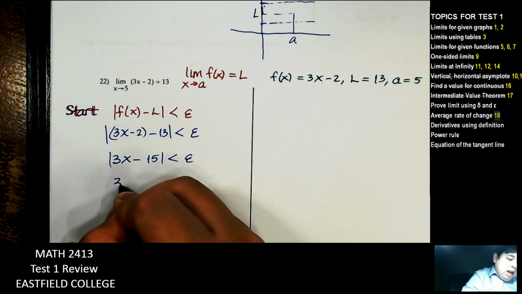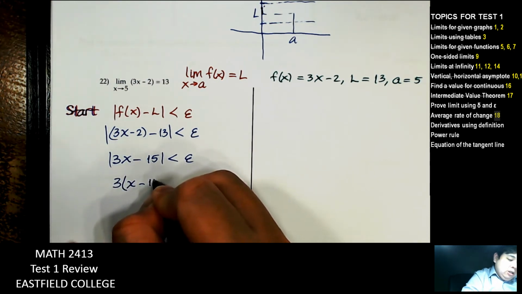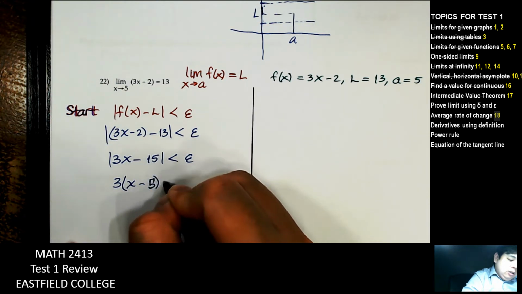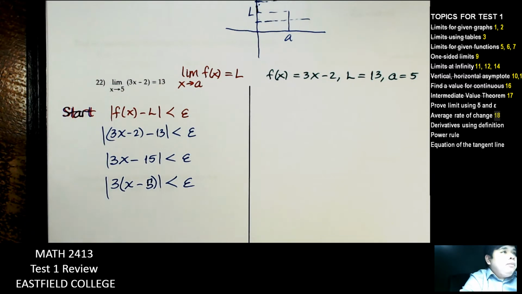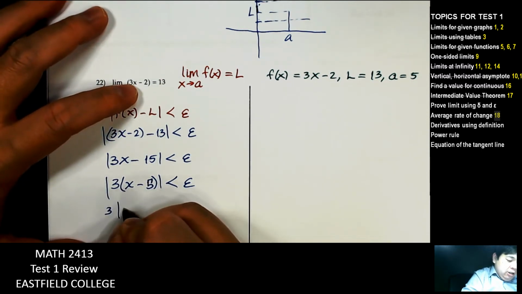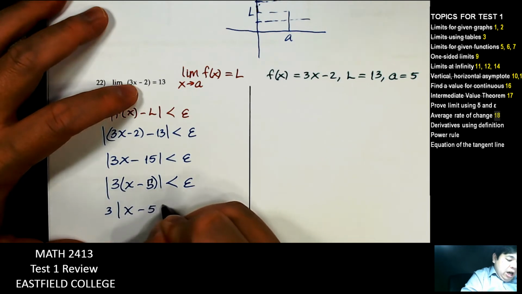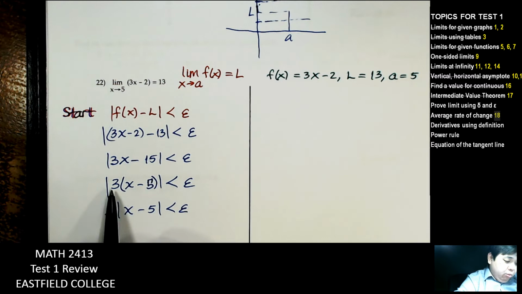We can factor out the 3. Now we can have the 3 outside. I'll just need one little thing though. Because absolute values guarantee it to be positive.